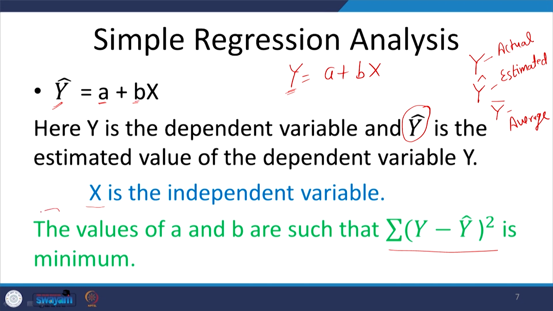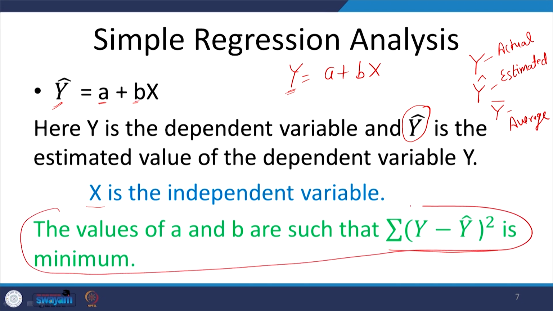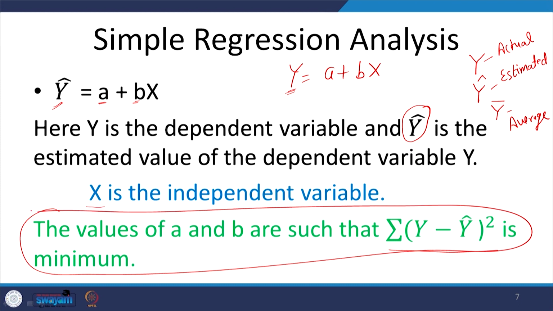Because of this statement, the deviation of actual values of y and the estimated values of y should be minimum. The values of y minus y cap are the difference of actual and estimated values, and this difference should be minimum.